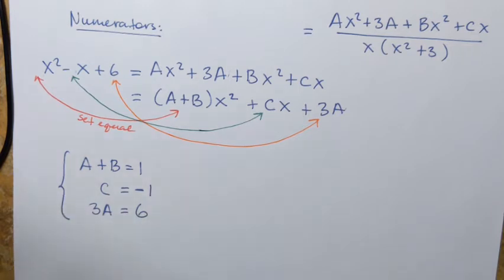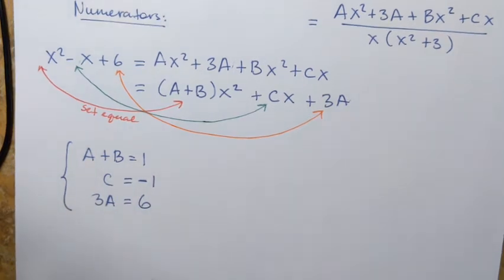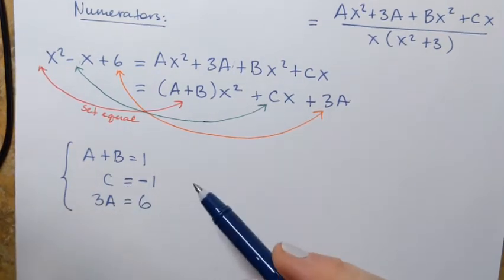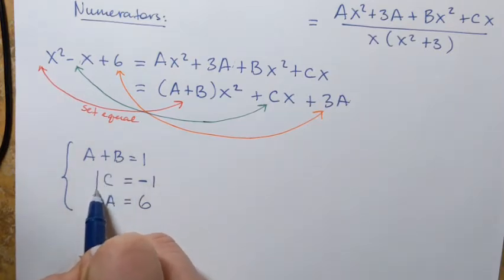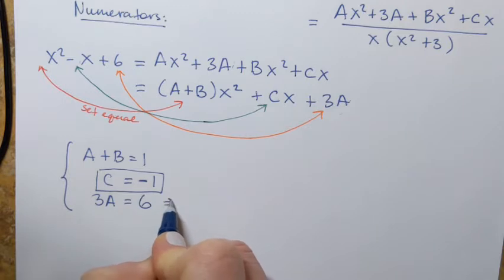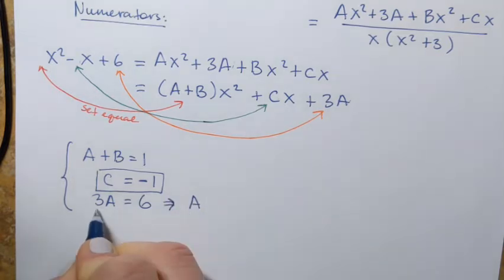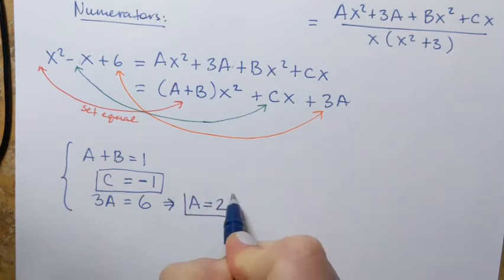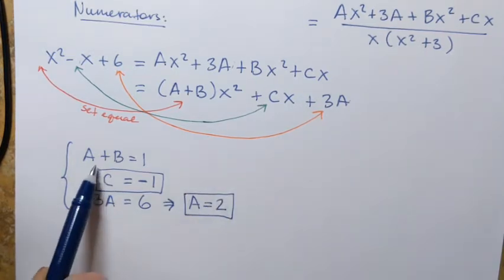Now in this case, we got a system that's very easy to solve because we already have two answers here, right? So c equals negative 1. From 3a equals 6, I need to divide by 3 on each side, so a equals 2.